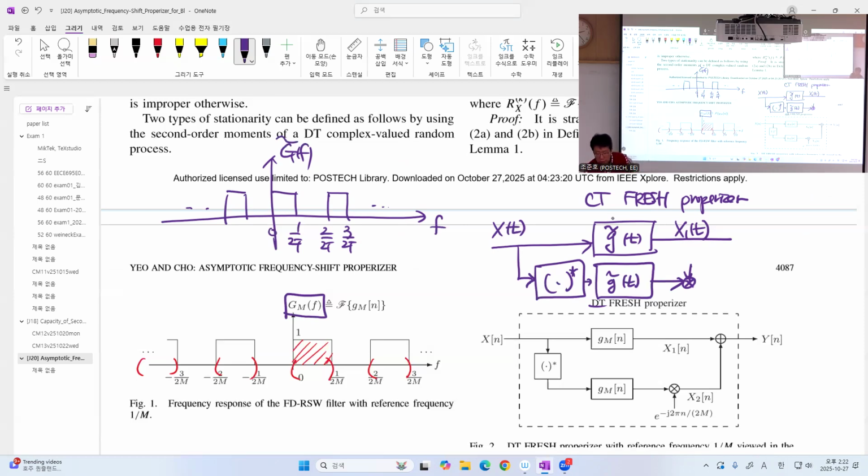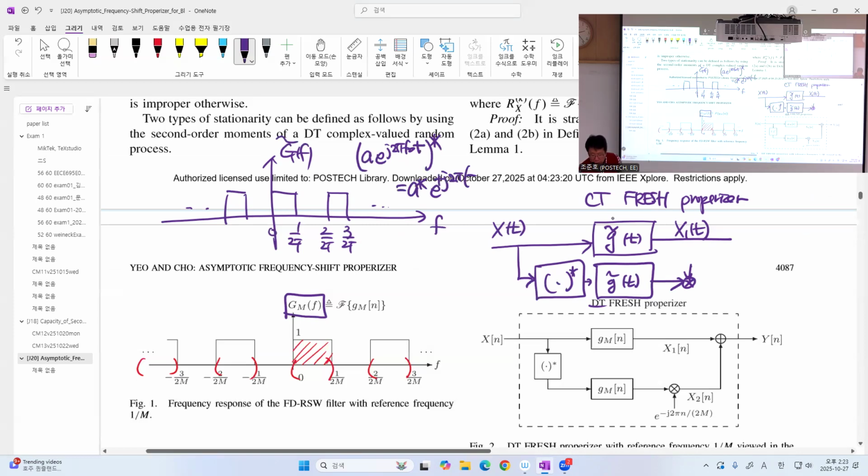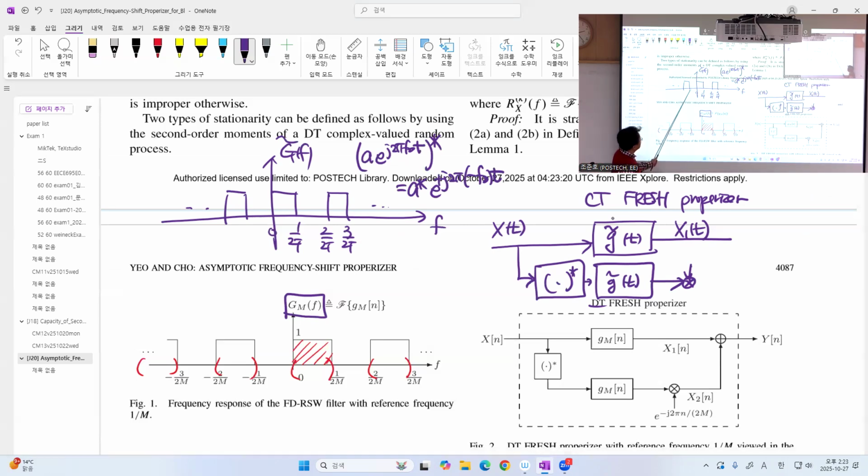So the simplest way is to consider taking the conjugation of it, that is A conjugate e to the positive j 2 pi negative f0 t. Got it? So after flipping, what happens? Those signal components on these stopbands now appear in the passbands of G tilde. So this lower part contains the other ones.